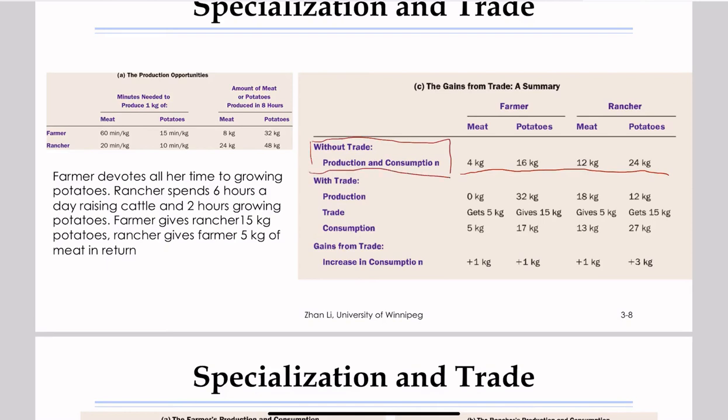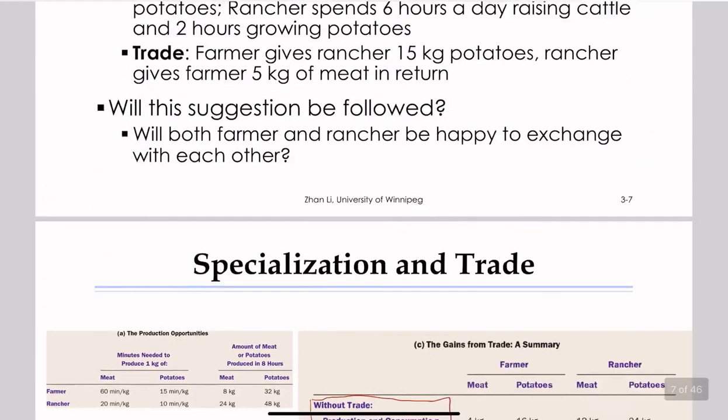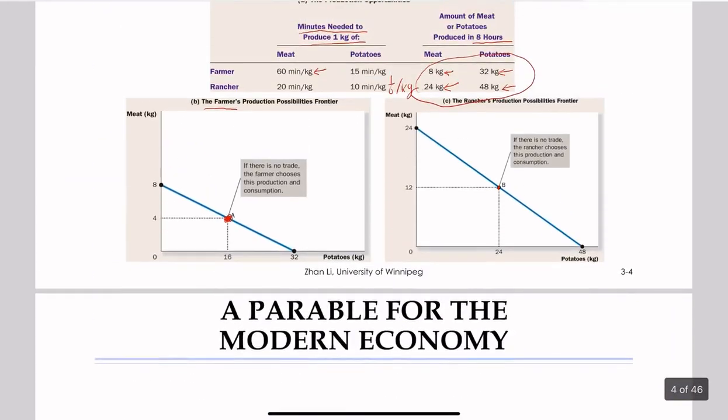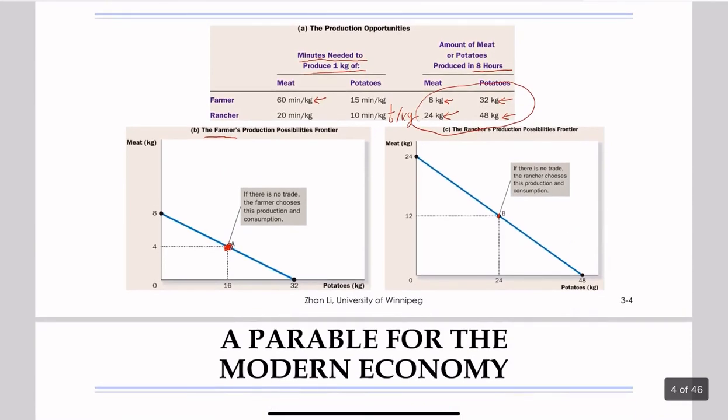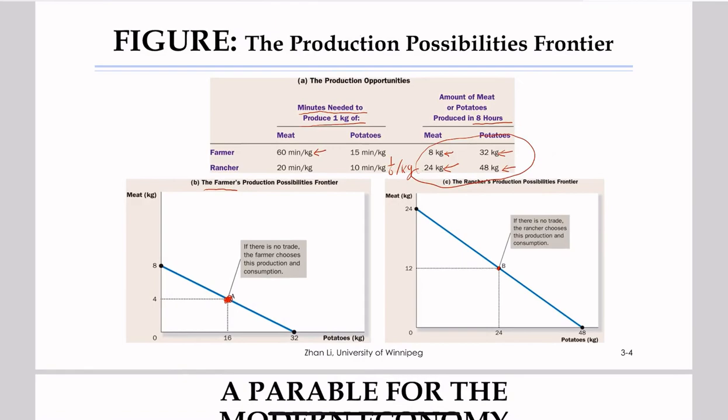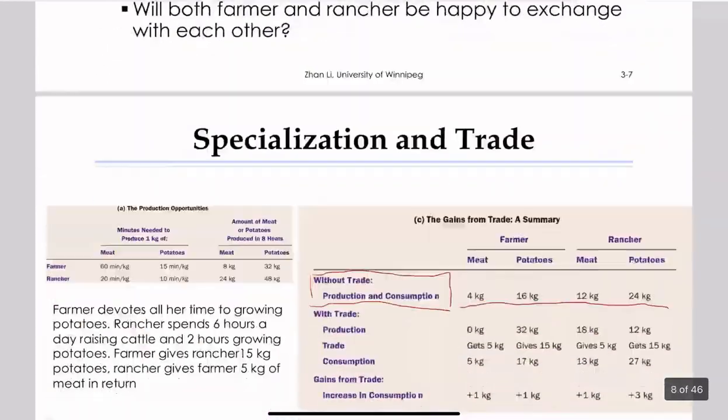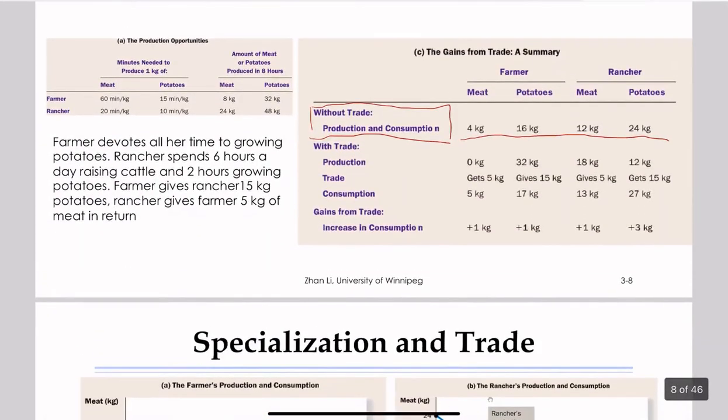We got these numbers 4, 16, 12, and 24 from the previous slide. Now, we think about the case with specialization and with trade, so we're thinking about this case here. Now let's first think about production.